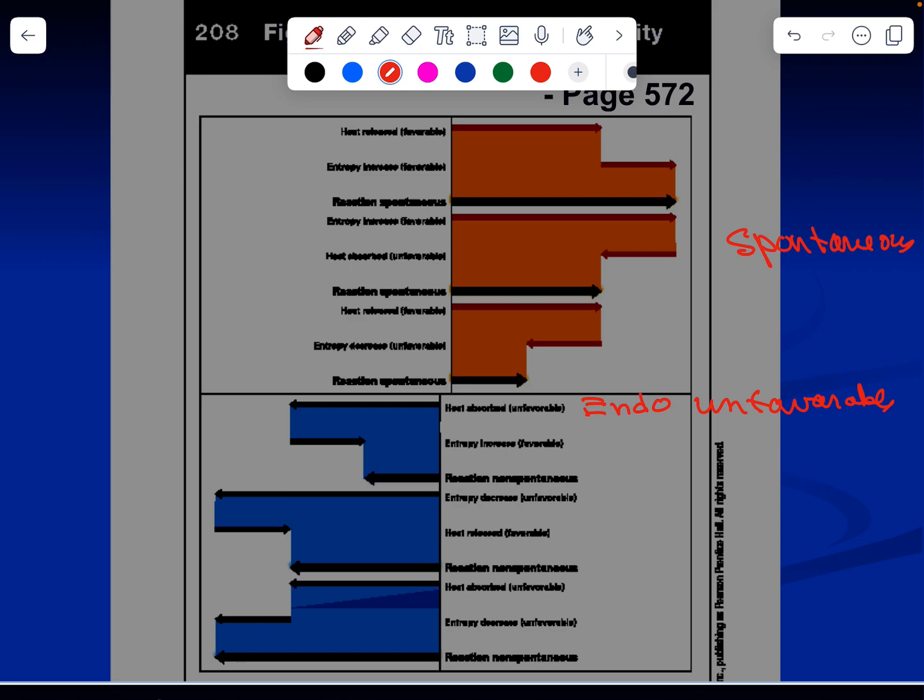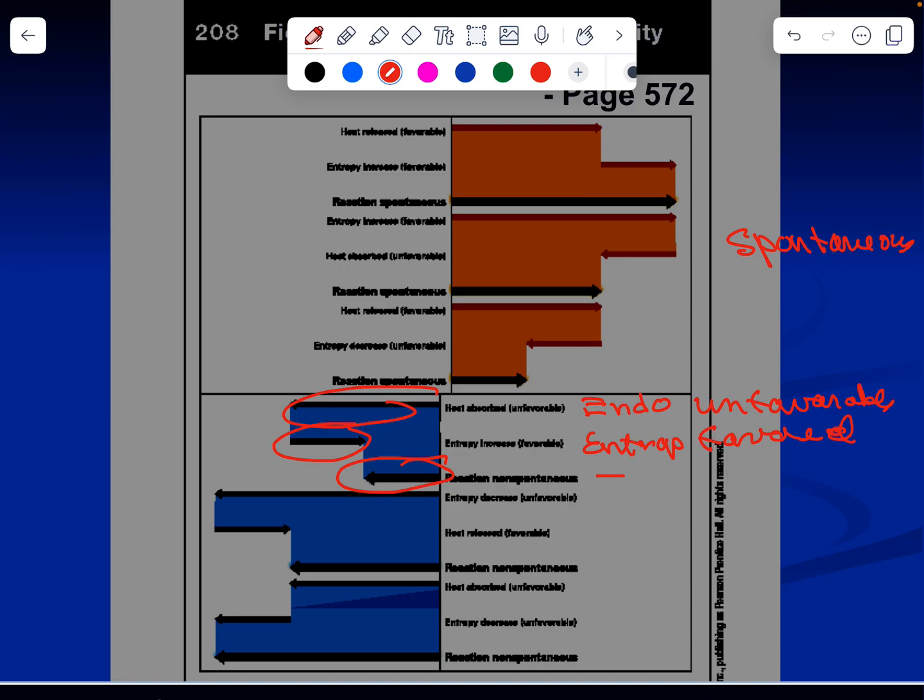And the entropy is favored. But when we look at the magnitude of these two arrows, we end up with heat absorbed. Okay, that will be an endothermic reaction.